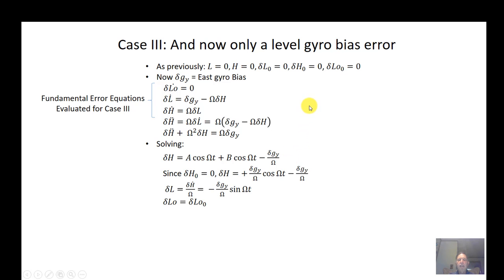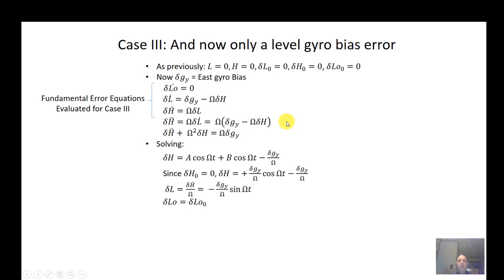Okay, so now let's consider another case, and this case will be similar to the previous case, except we'll consider a level gyro bias error. In this case, we'll consider an error in the Y gyro bias or the east gyro. And again, substituting into the fundamental error equations, we get these.